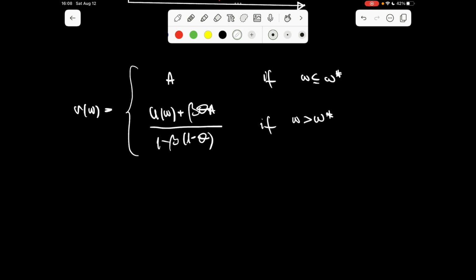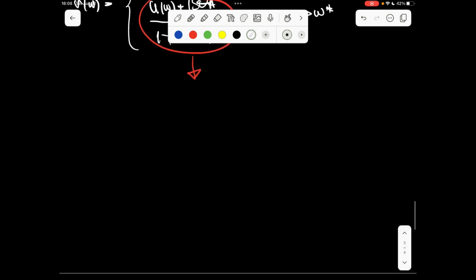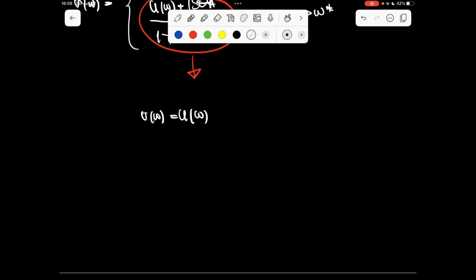This latter part comes from the fact that here this is the value function, from which it follows.